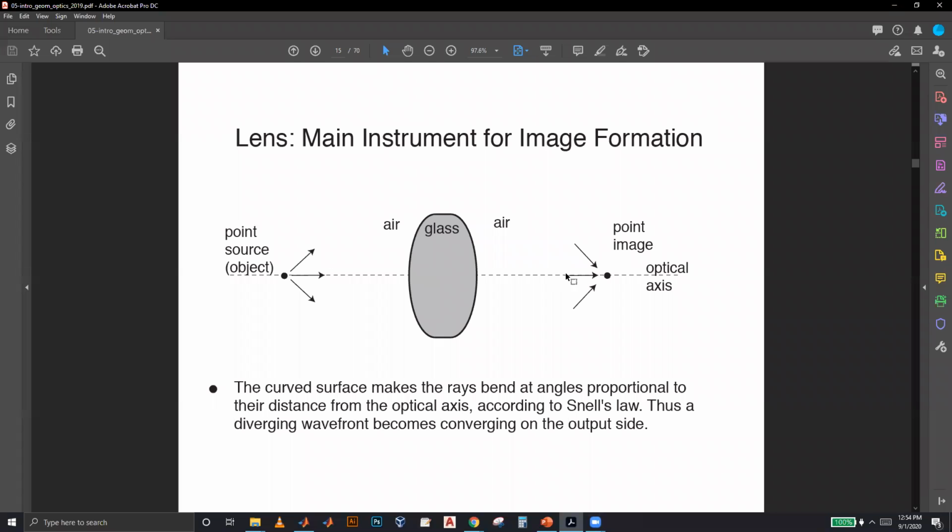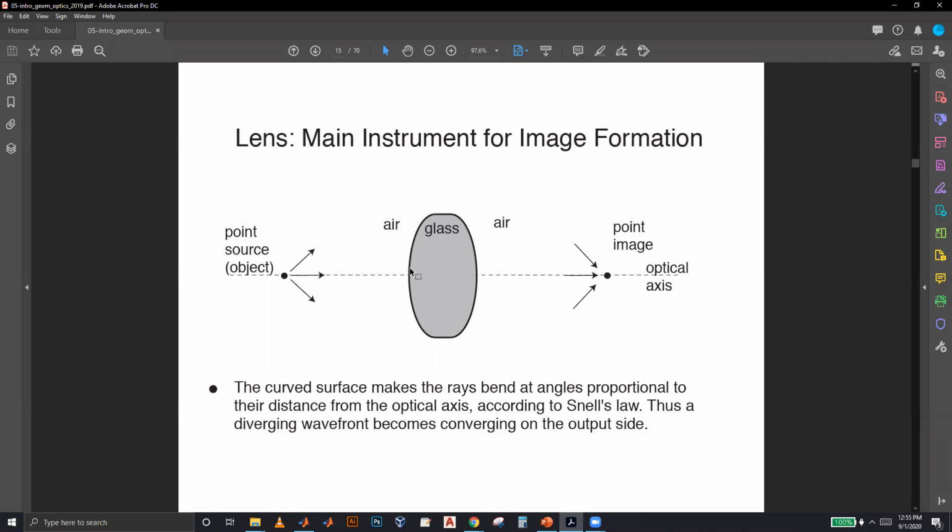Suppose you want to create an imaging system: this is where my object is, this is where I would place the camera's sensor and create an image. The stuff in between is what you have to solve or design as your optical system. How do you do that? You do that using geometric optics, and we will see how that happens.